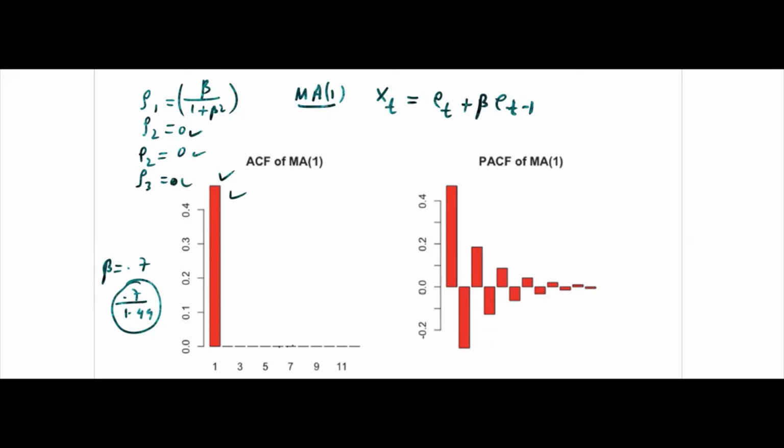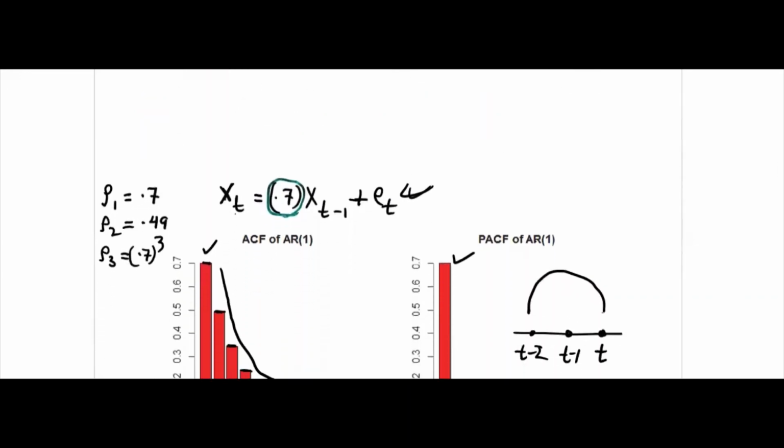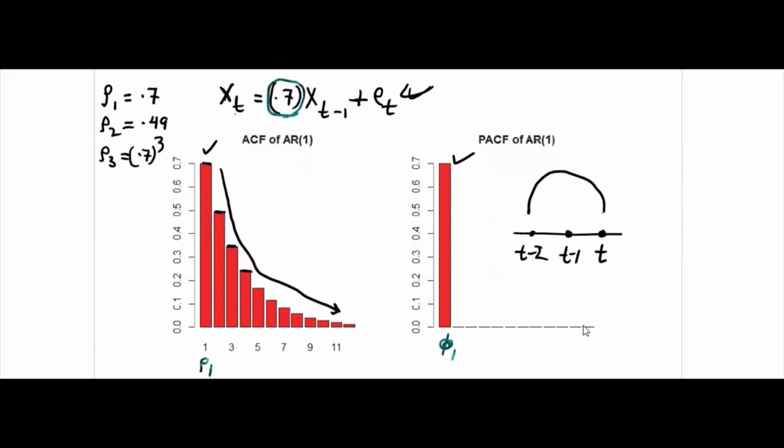But here the partial autocorrelation will continue, that will not be 0. Now go to AR1. Autocorrelations will continue, but the partial autocorrelation will be 0. So it's very easy for you now. You draw, you find the autocorrelations. If your autocorrelation becomes 0 after one step, you are sure it's from an MA1 process.